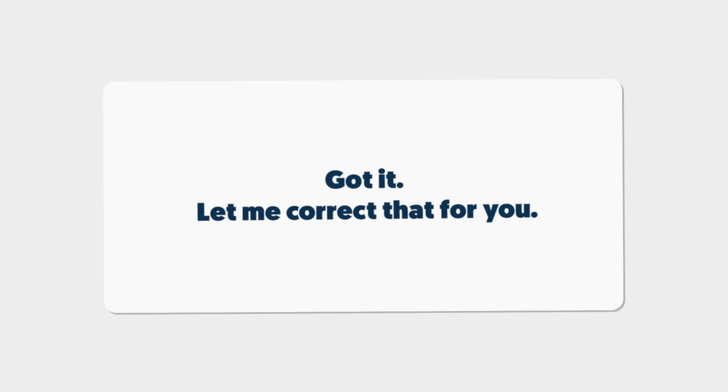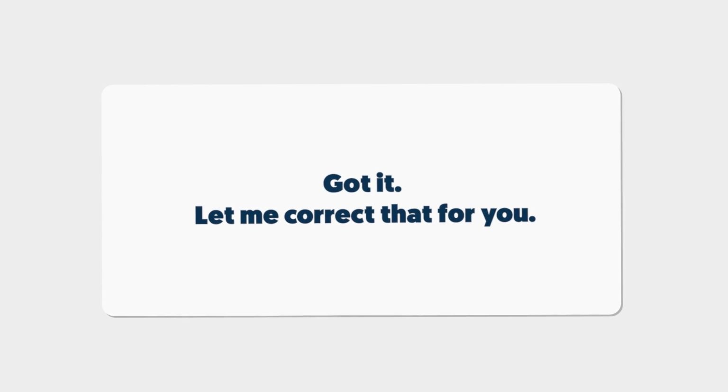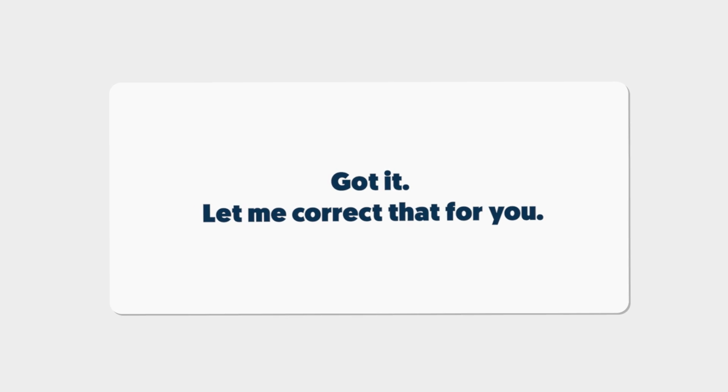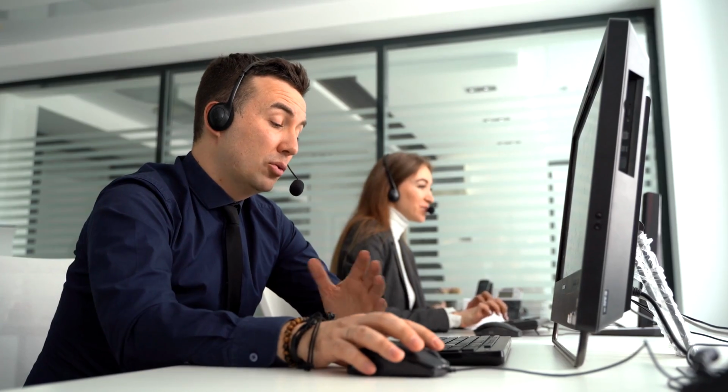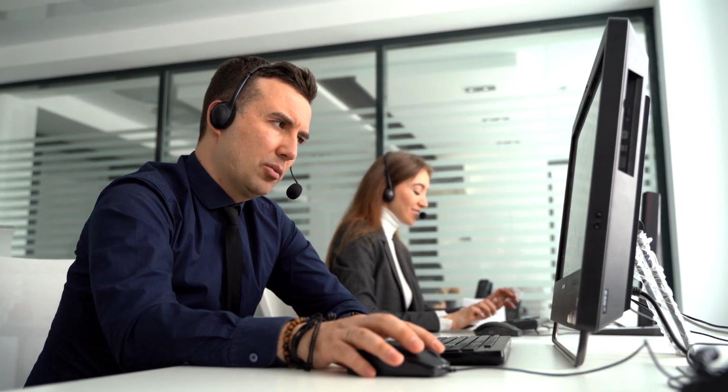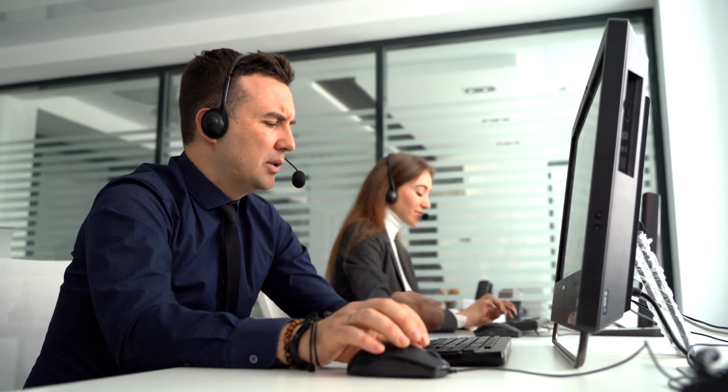You noticed it. You said, no, it's actually this. I say, okay, got it. Let me correct that for you. This could be seen as very conversational, but again, probably more natural when we're really working together for a long period of time or on something complex. If you every time say, I understand, thank you very much for explaining that, that could make the customer feel a little uncomfortable.